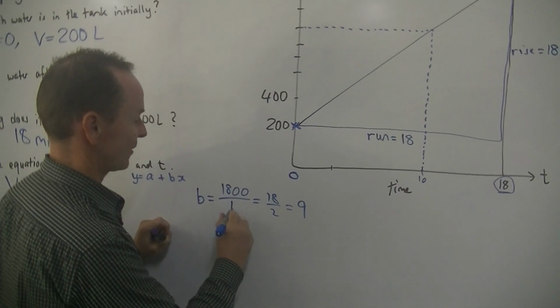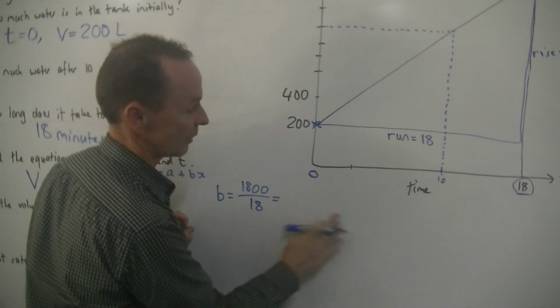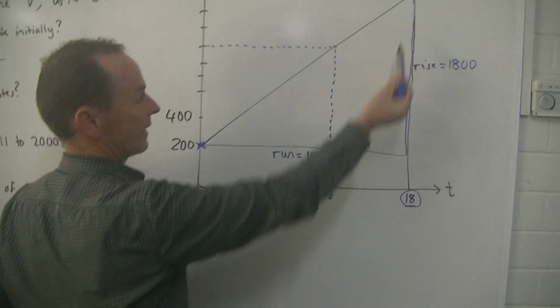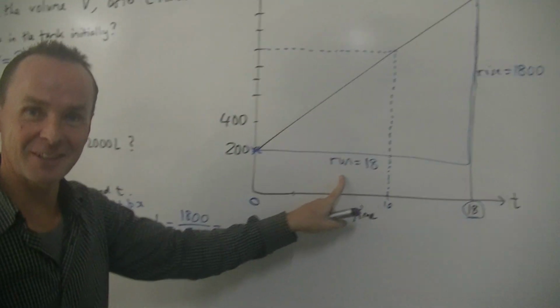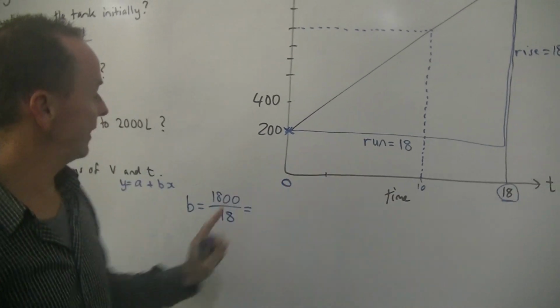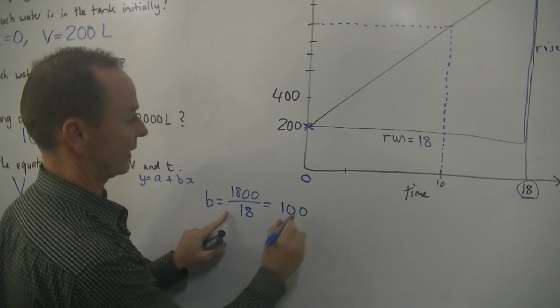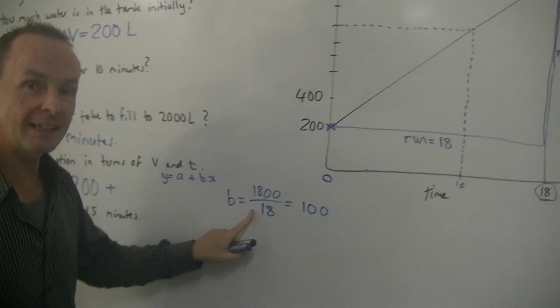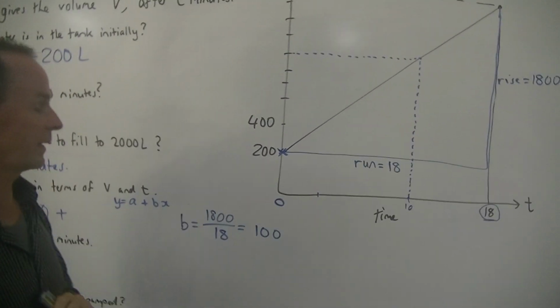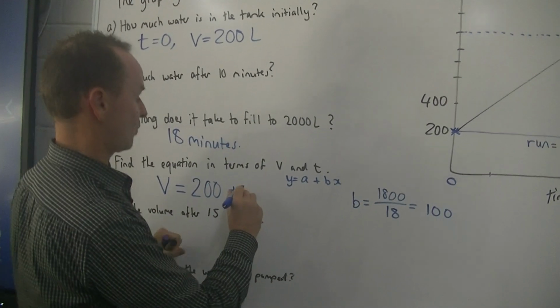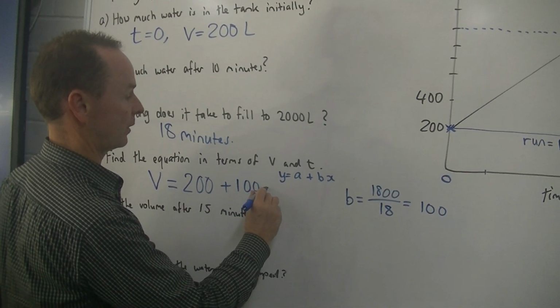See, even I make a mistake sometimes. I'll start again with that. The rise is 1,800. I had it written there. Thanks for that, Mr. Kendrick. The run is 18. So they can cancel and we get 100. Do it on your calculator. 1,800 divided by 18 is 100. Okay, so the gradient is 100, which is great, and then we put an x there.